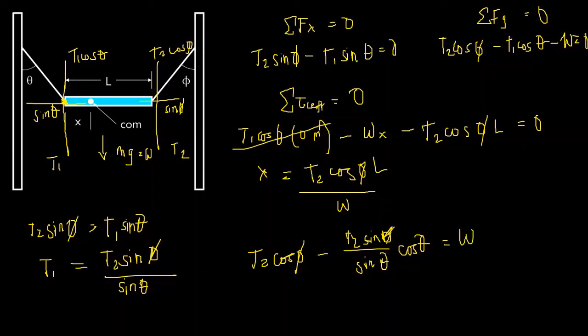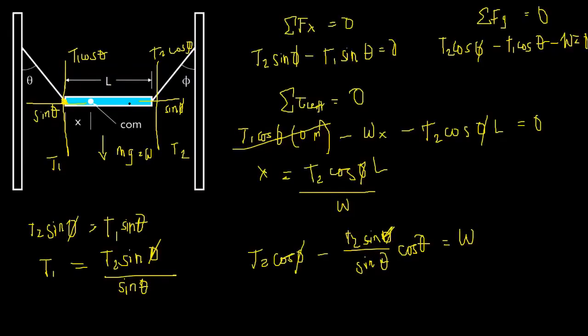So, nakuha na natin ngayon yung value ng T2 and W. So ngayon, ang gagawin natin is we now find the value of T2 over W. So, yung T2 over W, pagbabasihan pa rin natin dito is yung formula kanina.